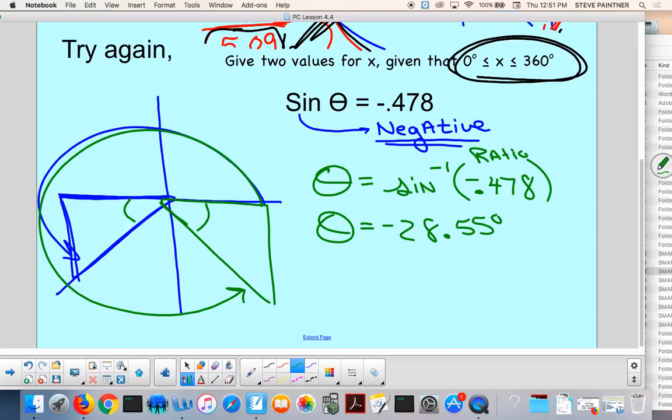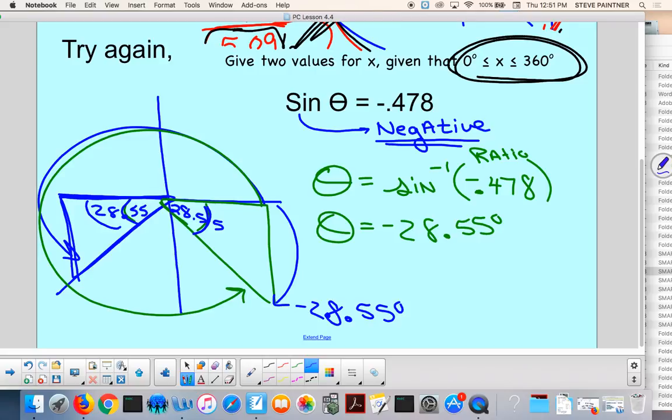But what that means is the calculator says this is the answer. Negative what? Okay, so that means this angle right here is 28.55, right? What's this reference angle? 28.55.